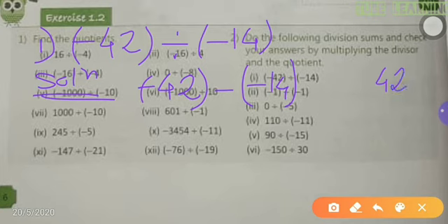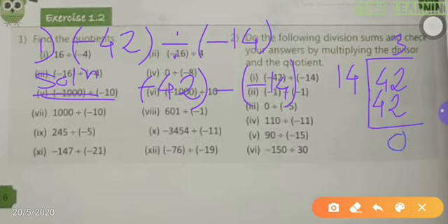If you divide 42 by 14, 14 3s are 42. So our quotient will become, this is a negative integer, this is also a negative integer, same sign, so the quotient will become positive 3. Okay, so we got the quotient 3.